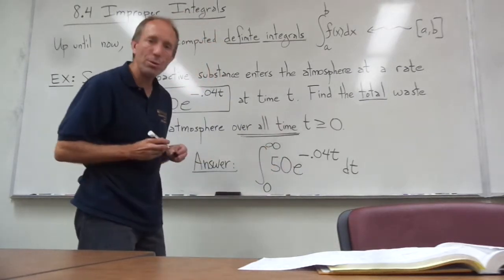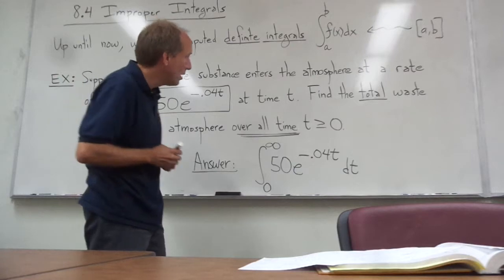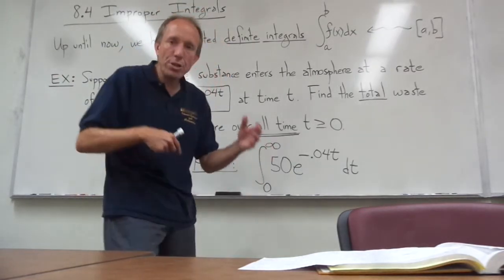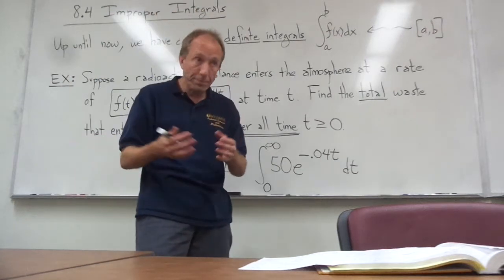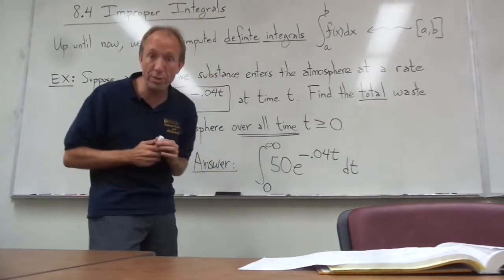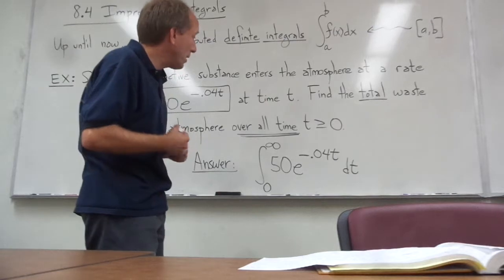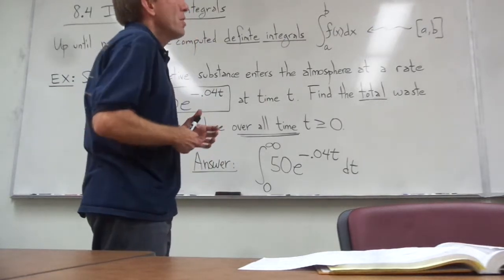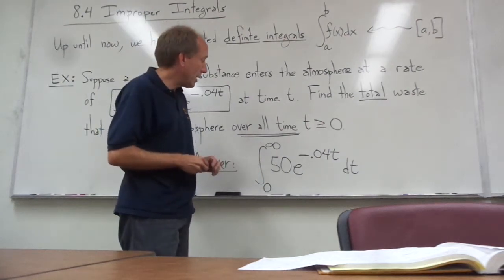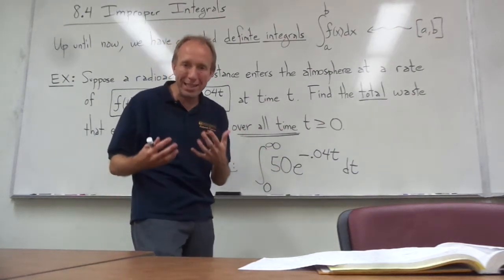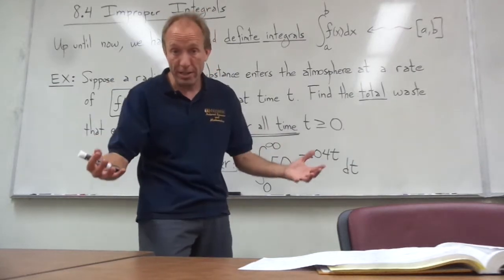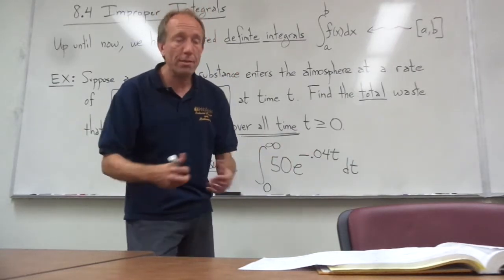I go all the way to infinity, right? When you have an integral where there are limits of integration that involve infinity, we call those improper integrals. And believe it or not, we can actually calculate these things as well. The main difference here is that it's possible that when you calculate an improper integral, you could get an answer of infinity. It might not be a finite number.